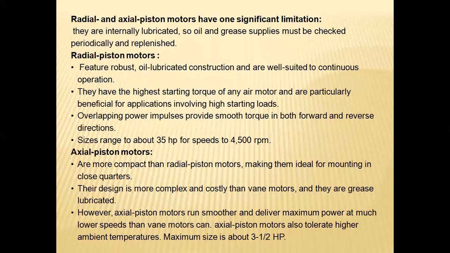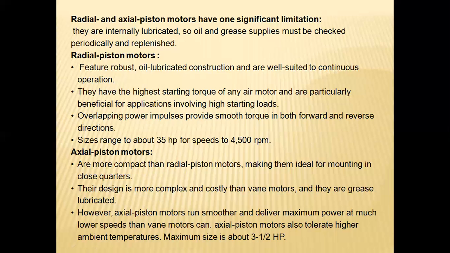Going on to the axial piston motors, these are much more compact than the radial motors, with a maximum relative size of 3 to 0.5 HP. These can tolerate high ambient temperatures, unlike the radial piston motors.